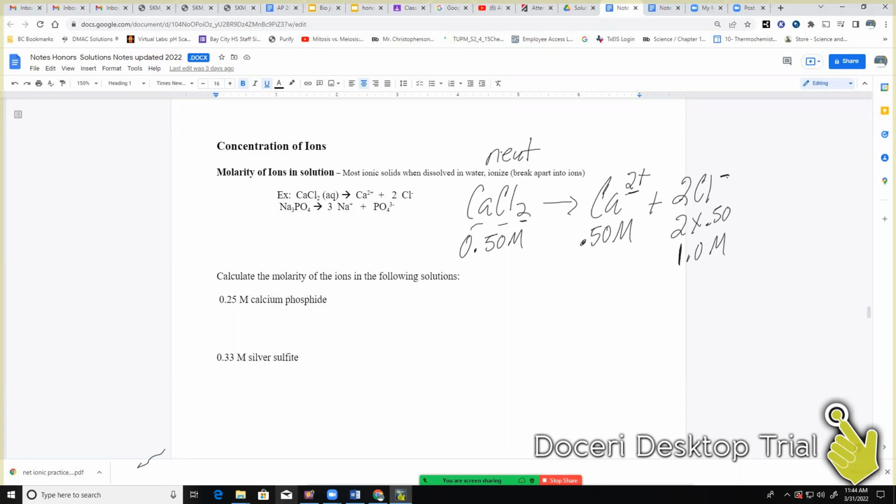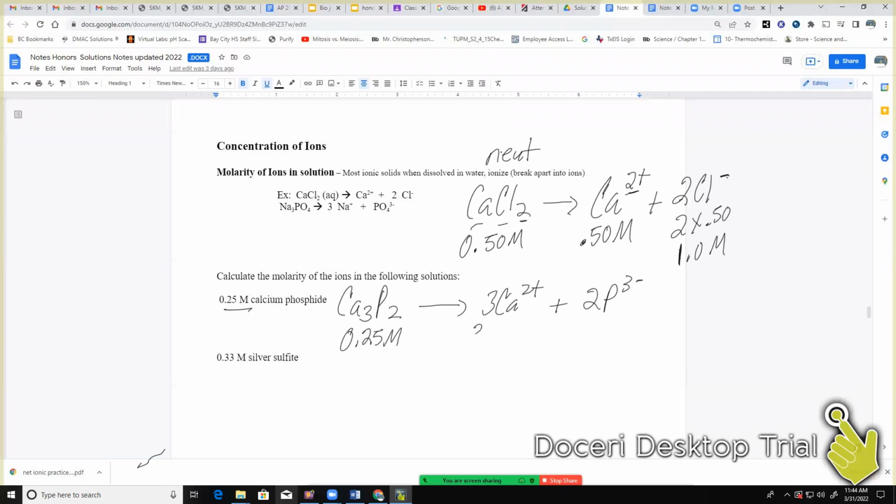All right, let me do one more and then y'all can give another one a try. So I have calcium phosphide. So it's going to ionize into 3 calcium plus 2 phosphide ions. And once again, balanced in regard to element, also balanced in regard to charge. They both end up being neutral. So this is 0.25 molar. That's what's given to me.